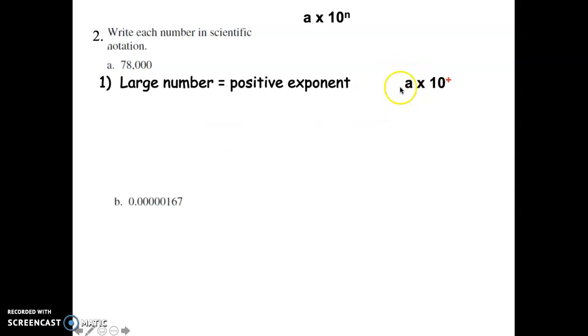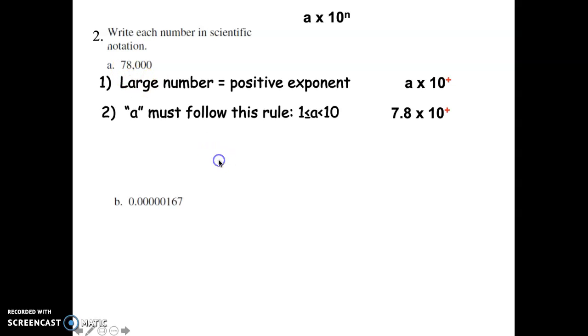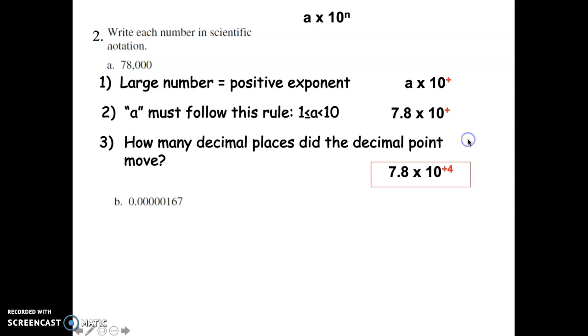The factor of A out front has to be between 1 and 10, so I pick up the decimal point here after the last 0, and I move it between the 7 and the 8. That becomes 7.8. Now you count how far you moved it. 1, 2, 3, 4 places. I get 7.8 times 10 to the positive 4th power. You don't have to put the positive in there.